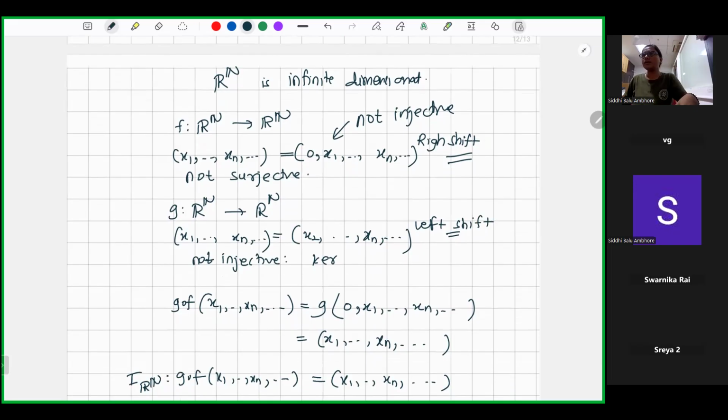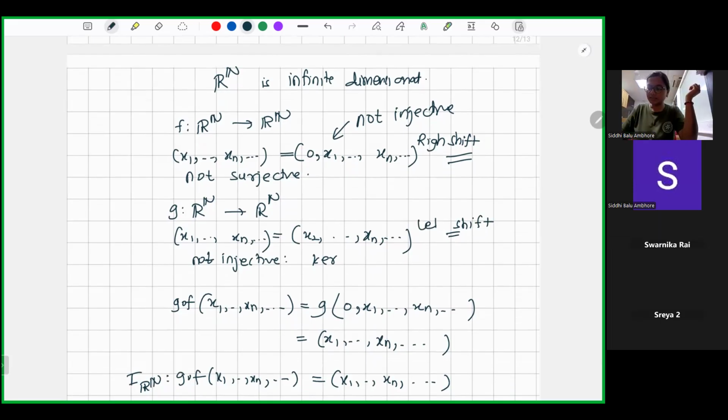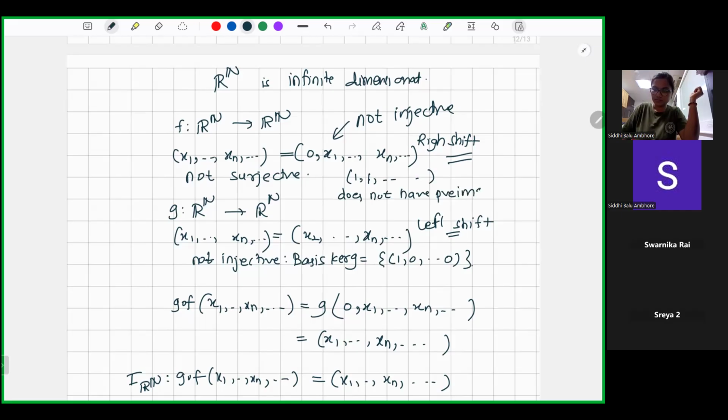Sure, sir. Okay. So what I was saying is that yes, this was not injective because the kernel of G here is this, 0, 0, 0. The basis of the kernel of G will be this, and the other is not surjective because this 1, 1, this thing does not have an image. Right?